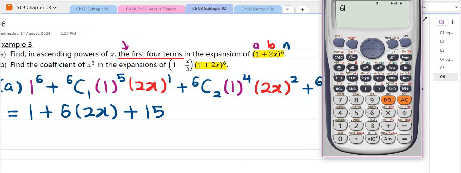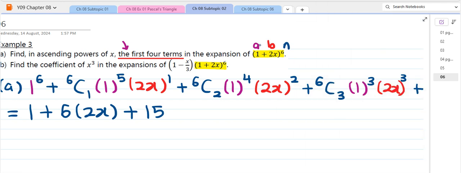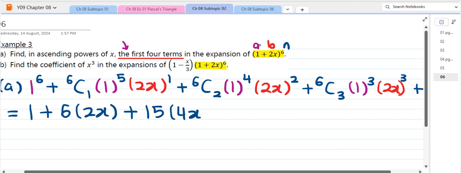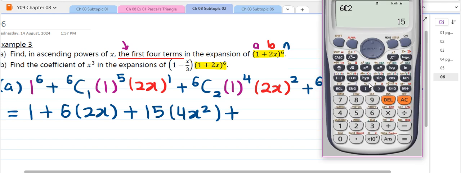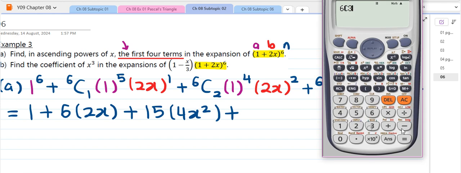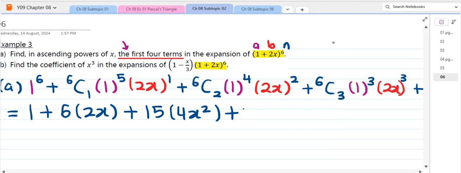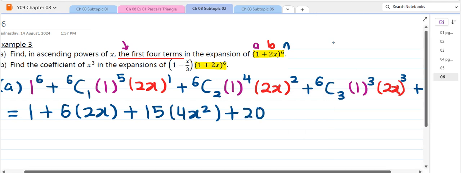Okay, double check here. 6C2 is 15, and 1 to the power of 4 is 1, and 2x to the power of 2 is 4x squared. And the next term, 6C3, will be 20, times 1, and 2x cubed is 8x cubed.